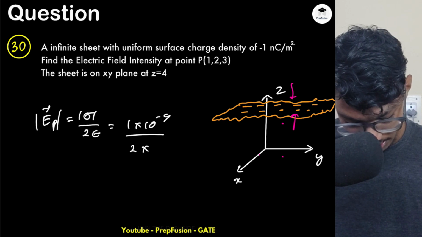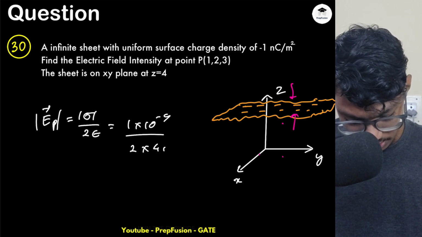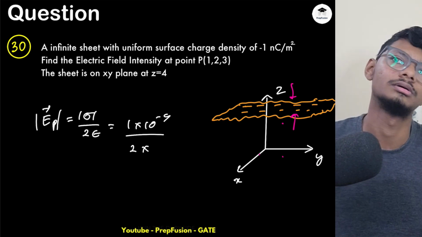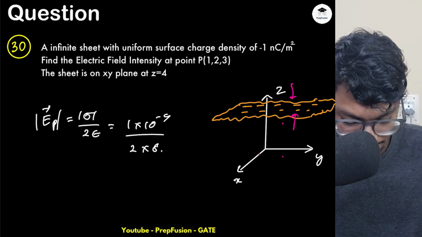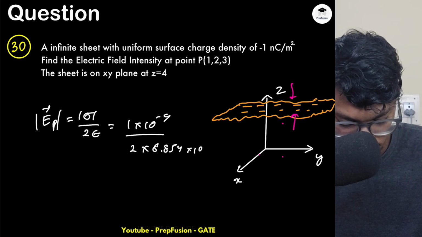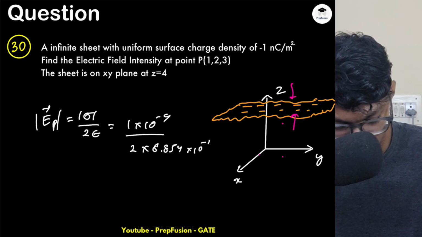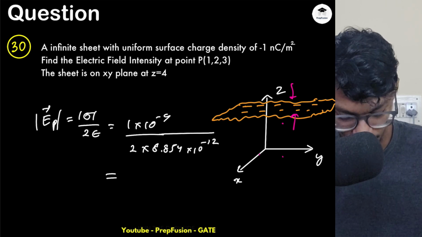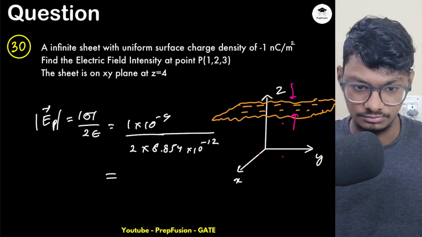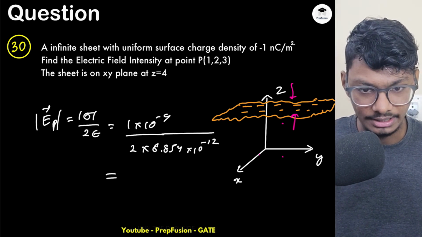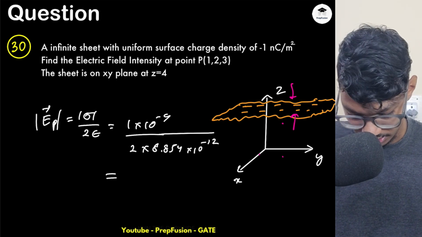What is epsilon? They haven't mentioned anything, so I will assume this as 8.854 into 10 raised to power minus 12. If you remember, this constant you have to remember no matter what. Actually, you can measure this.